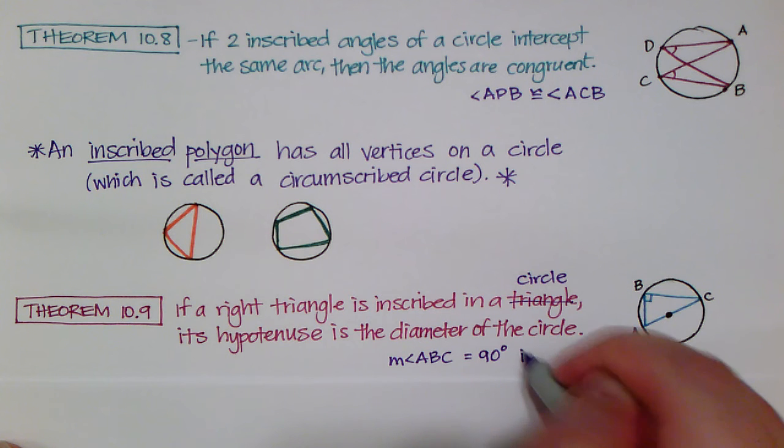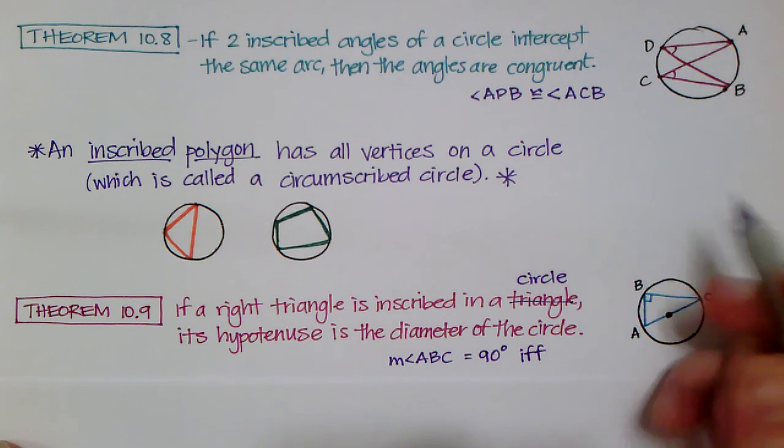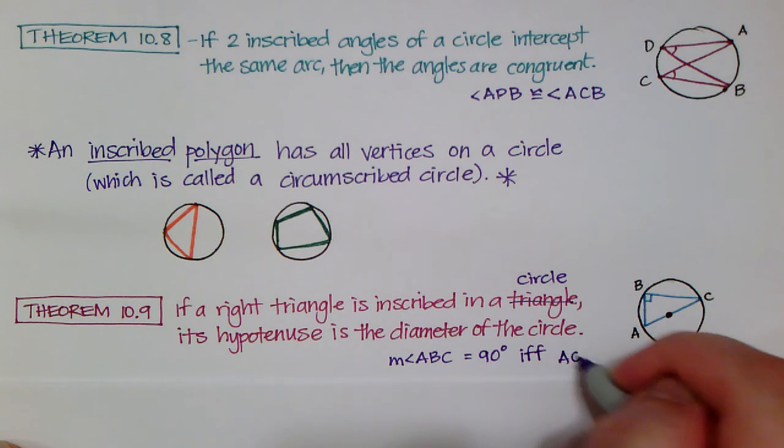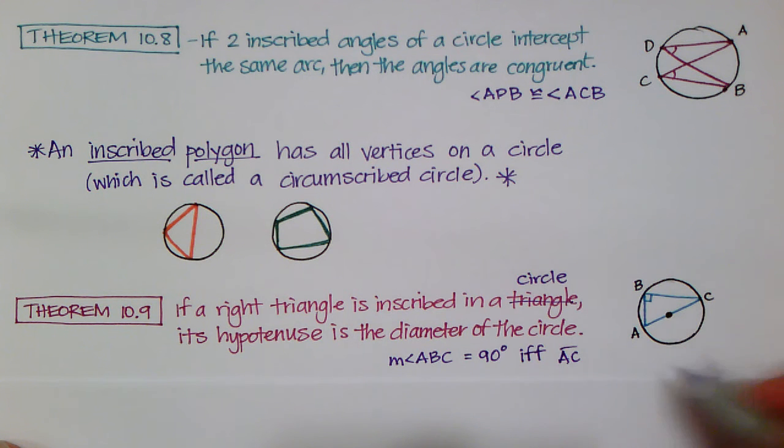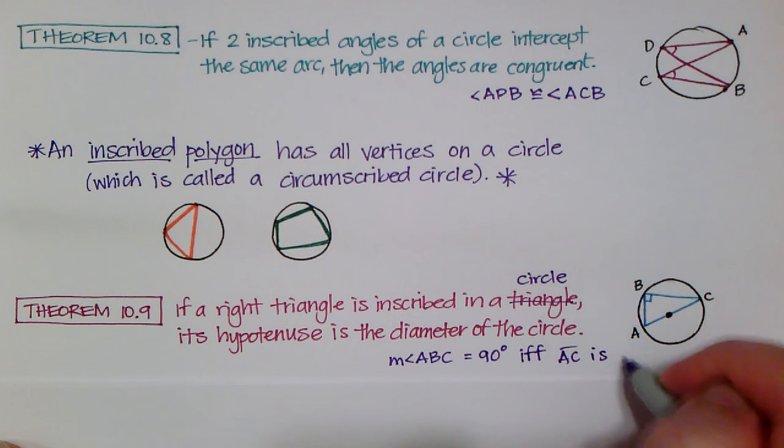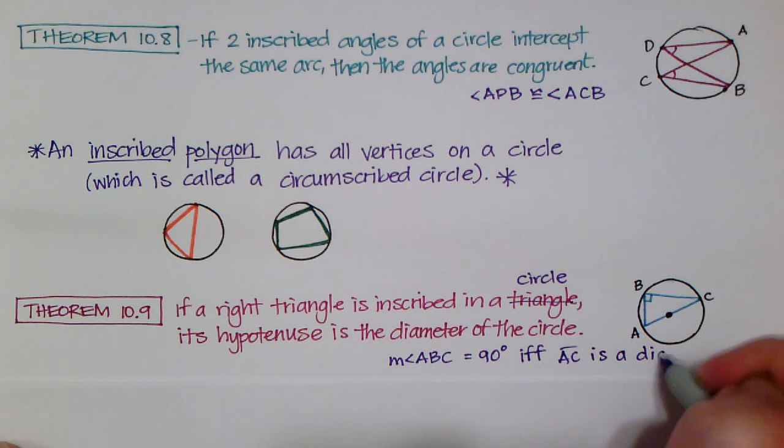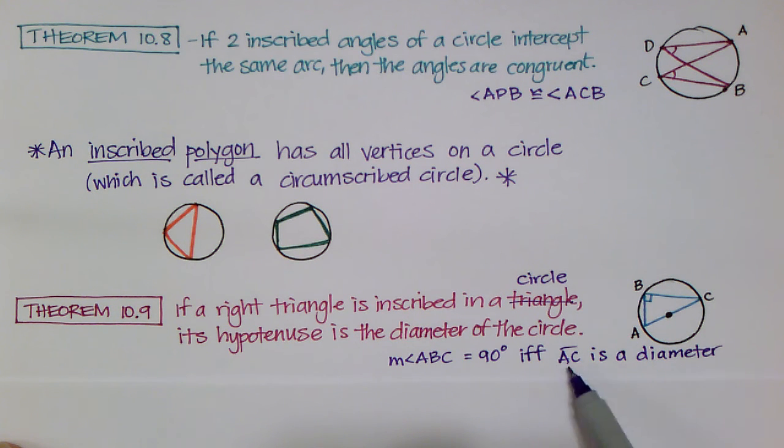If that's the case, then AC, the chord that's reaching all the way across, is a diameter. And vice versa. If AC is a diameter, then the measure of angle ABC has to be 90 degrees.